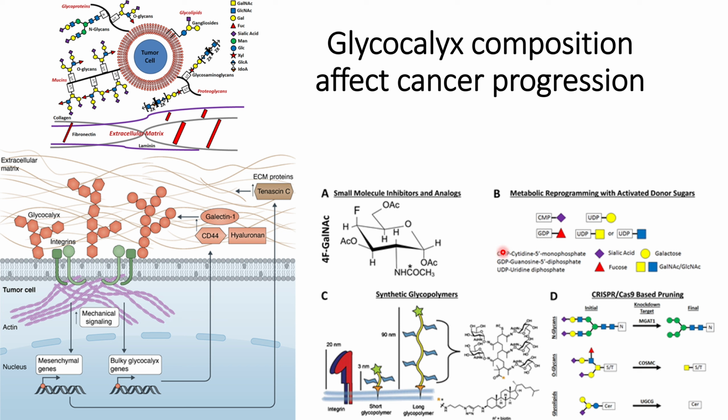They are on the bottom right-hand side. First, we can use small molecule inhibitors, and these will affect the glycosylation profiles that lead to the bulkier glycan compositions of the glycocalyx. Next, we can add a metabolically reprogrammed activated donor.